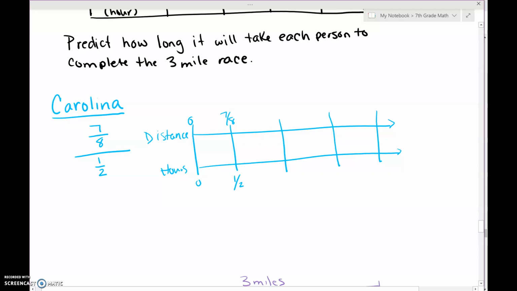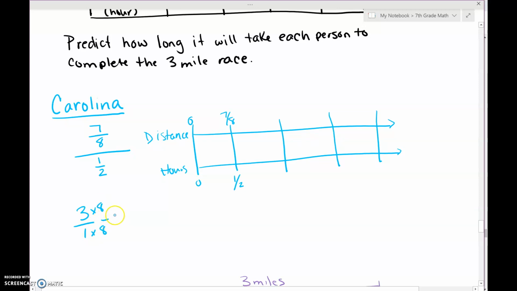So for Carolina, we're going to use a double number line. So first, if we know she goes 7/8 of a mile, I can tell you right now, that ain't going to be 3 easily. So we need to figure out how many eighths 3 miles would be. So how would we do that? If I have 3/1 and I want to turn that into eighths, I'm going to do the same to the top and the bottom, right?